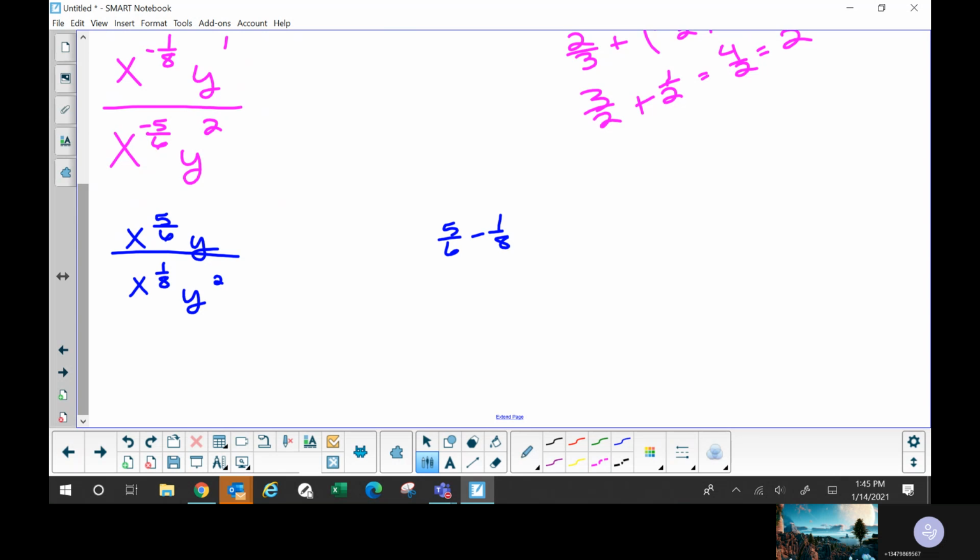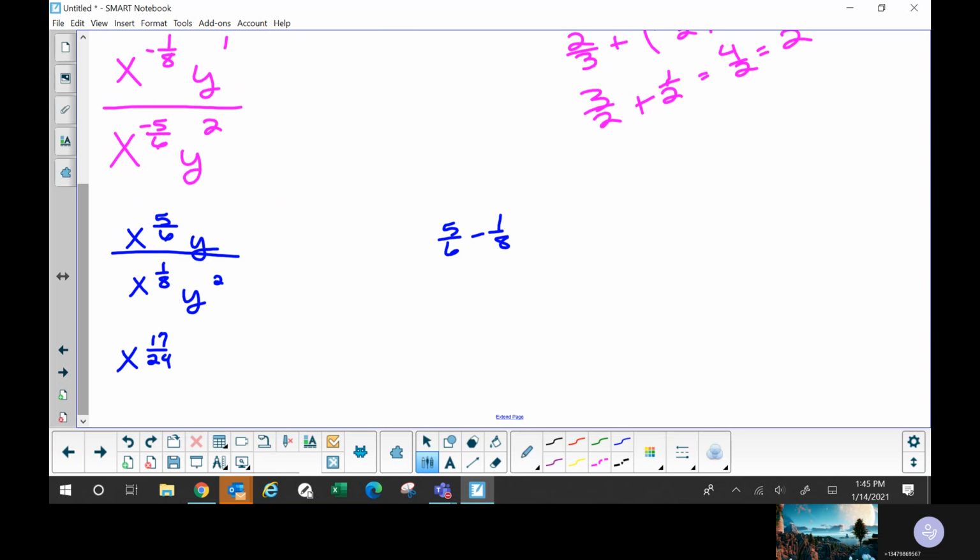So if you do this on the old calculator, it's 5/6 minus 1/8, you should get 17 over 24. So this is going to be x to the 17 over 24.